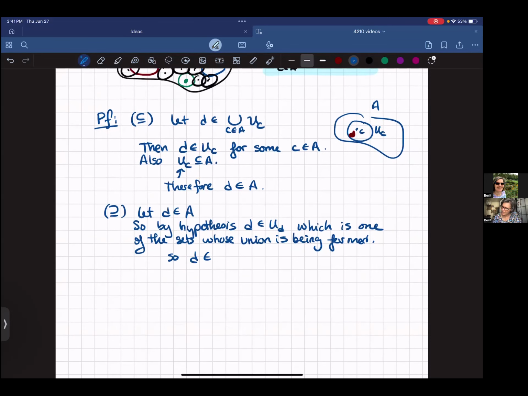So d, since it's in one of these sets, is in the whole union, because you only have to be in one of the sets to be in the union.